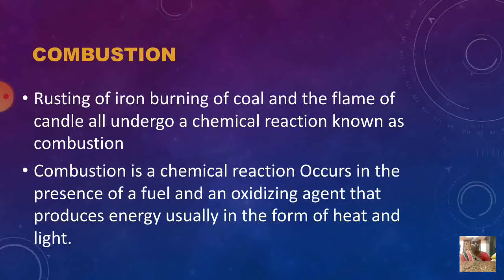Combustion is a chemical reaction that occurs in the presence of a fuel and an oxidizing agent that produces energy, usually in the form of heat and light. So children, burning of a substance in air to give out heat and light is called combustion.